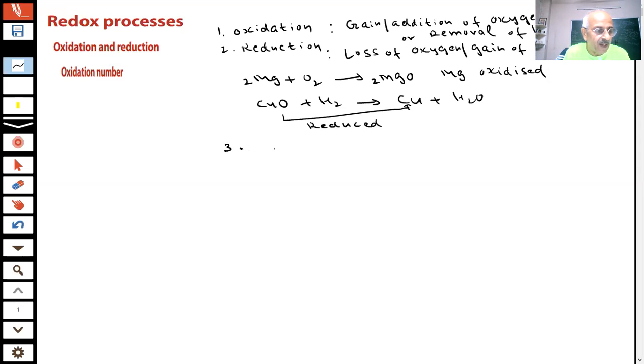For example, if I consider a reaction CH3CH2OH, students, what is this? What is the name of this compound, students? CH3CH2OH, you have studied in organic, students. Ethane?